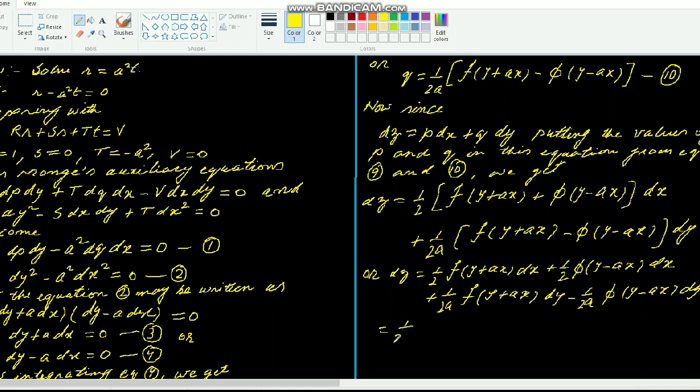That is equal to 1 upon 2a f of y plus ax bracket dy plus a dx, and taking 1 upon 2a common out of the two terms having phi, we get minus 1 upon 2a phi of y minus ax bracket dy minus a dx.